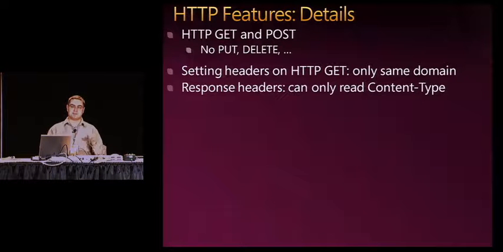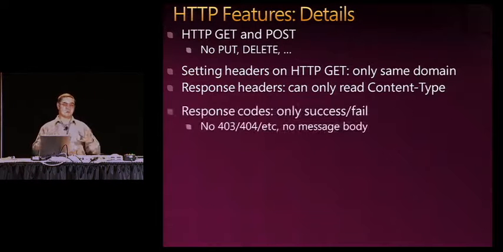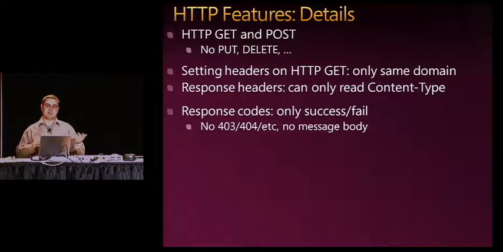You don't have read access to any of the other ones. For the response codes that come back, you only get notification of success or failure. You can't discover whether it was a 403 or 404 and so on. And in fact, if it was a failure, you don't have access to the message body. That is important because this restriction actually prevents SOAP faults from working in the SOAP case.